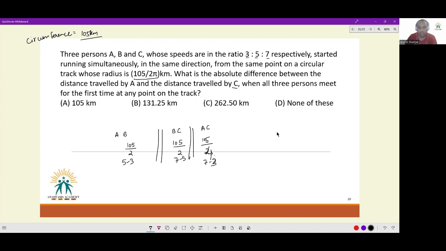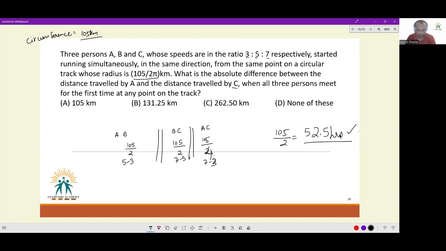Now LCM of these 3 is simply going to be 105 by 2 or 52.5 hours. These people meet for the first time after 52.5 hours.